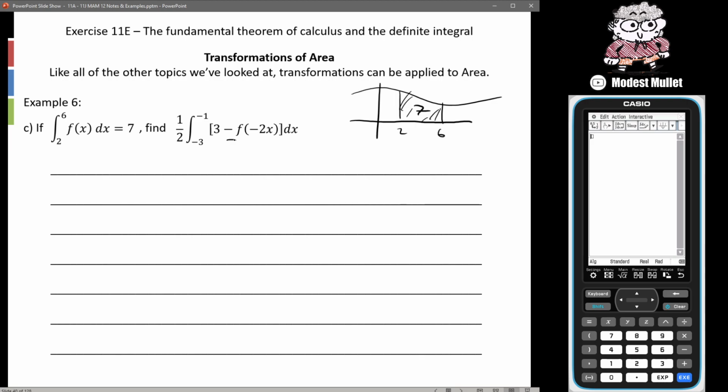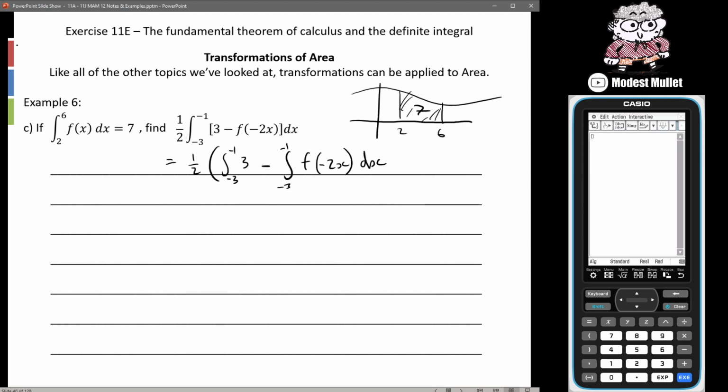But again, we've got a subtraction in there, so we can start to simplify it out. So that is going to be equal to half of between -1 and -3 of 3 minus the integral between -3 and -1 of f of -2x dx.